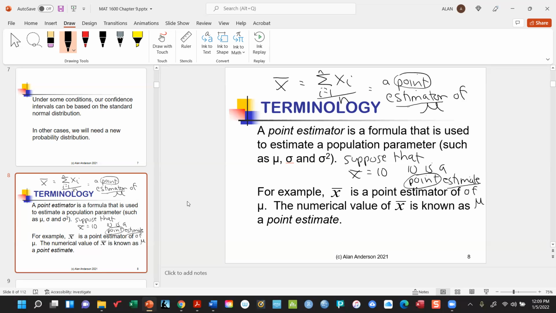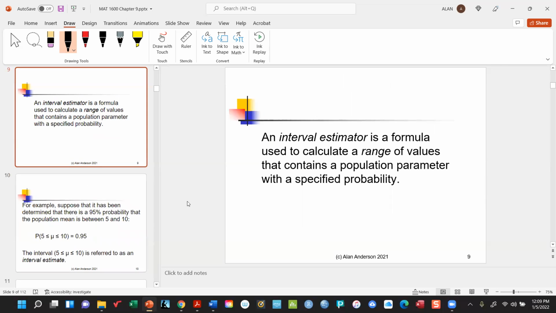Now, why are we introducing this now? Because we want to compare this with what's called an interval estimator and an interval estimate. So a point estimator or a point estimate is a single number or formula. An interval estimator is a range of values. The confidence intervals that we will be constructing are a type of interval estimator.